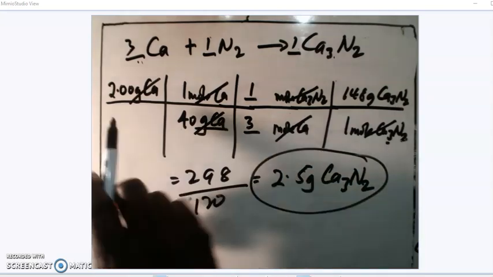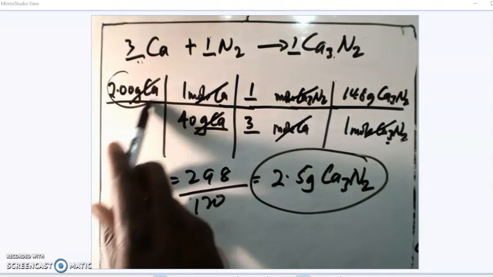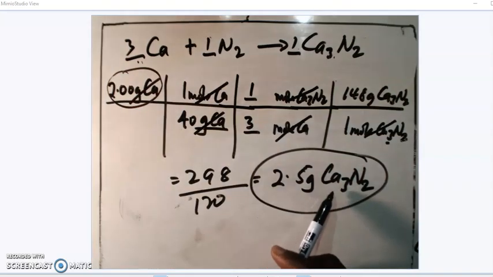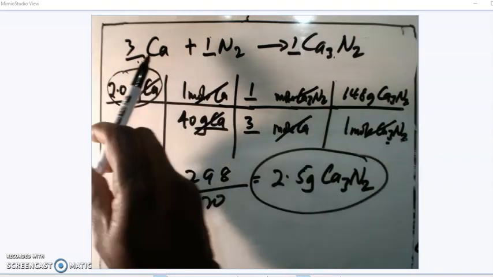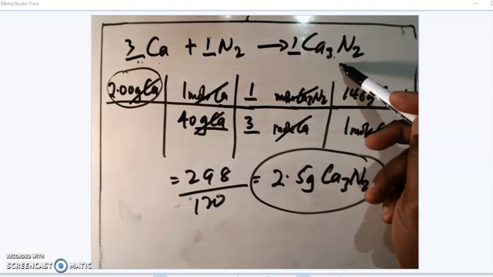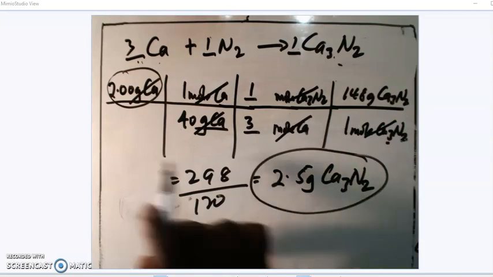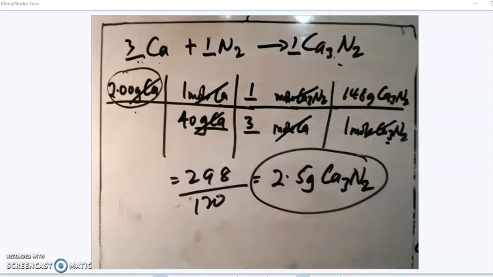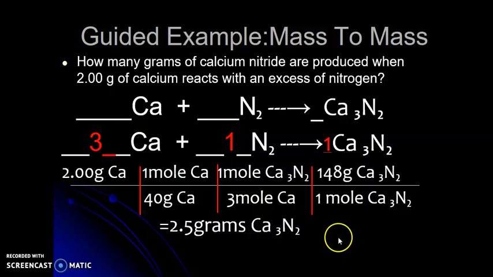So that means if you started with 2 grams of calcium, we are going to get 2.5 grams of calcium nitride. So 2 grams of calcium will produce 2.5 grams of calcium nitride. So this is your mass to mass or grams to grams. It's as simple as that. And this is how we arrive at this very table.